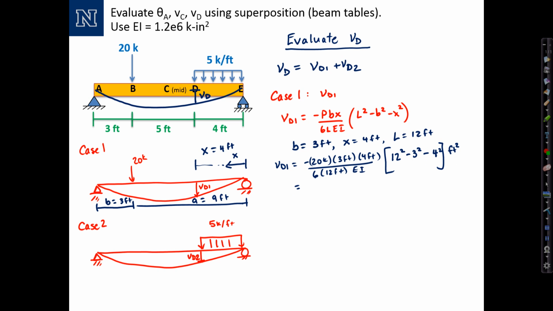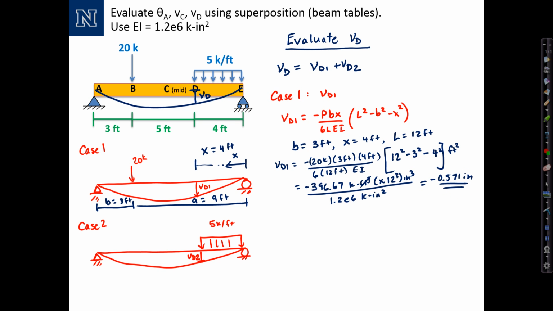It computes to 396.67, and the units are kip feet cubed. So we're going to multiply that by 12 cubed inches cubed to get to inches cubed, and then divide by EI, 1.2 times 10 to the 6th kip inches squared, and the whole answer reduces to, I should have a negative sign here, a negative 0.571 inches is my answer for VD1.